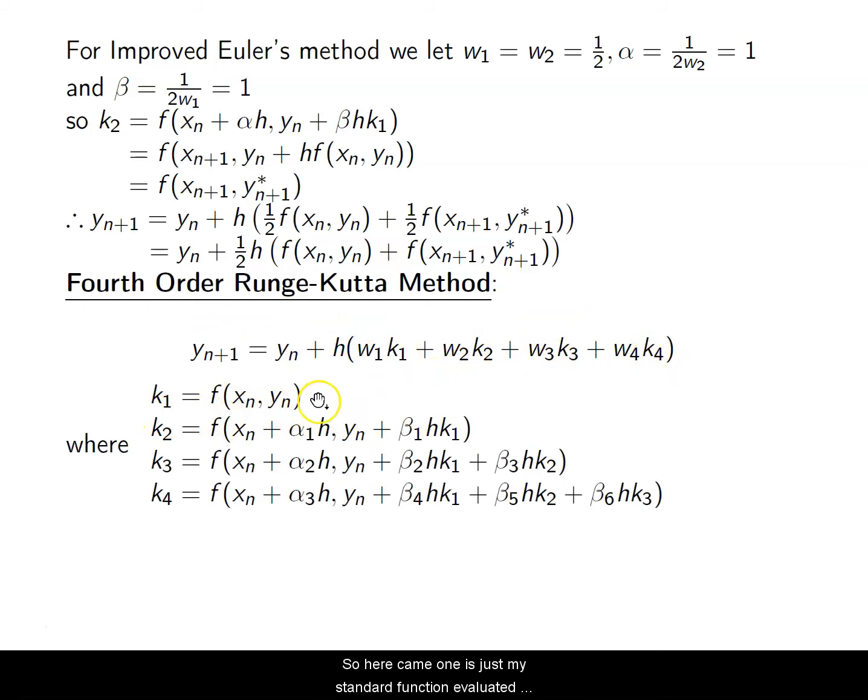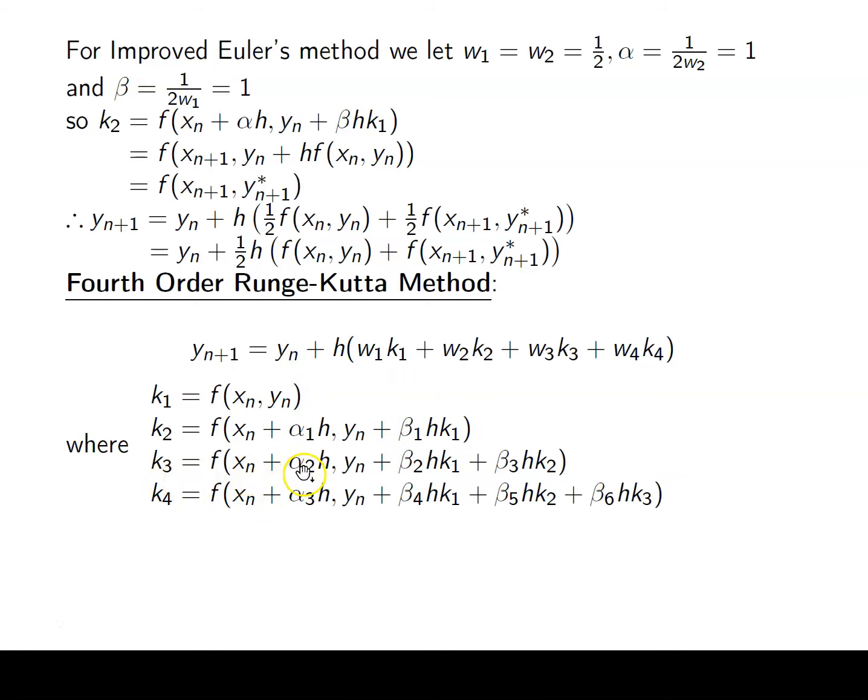So here k1 is just my standard function evaluated at my current point. K2 is a step size of h away, some constant multiple of h away from my current point. And then y_n is something similar, right? y_n plus some constant multiple times my step size times this first function, right?